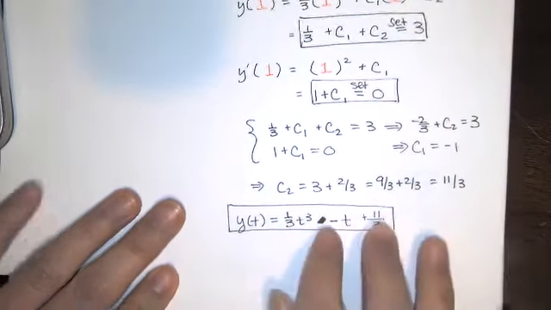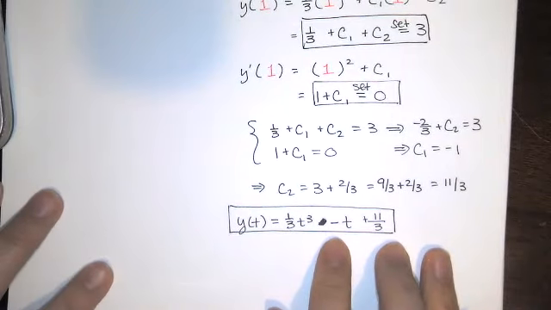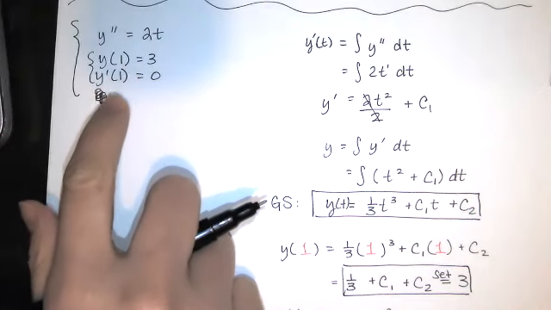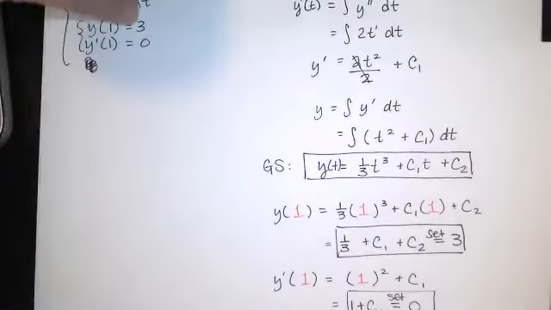So that is the solution to the differential equation that passes through the point t equals 1, y equals 3, and has a slope of 0.